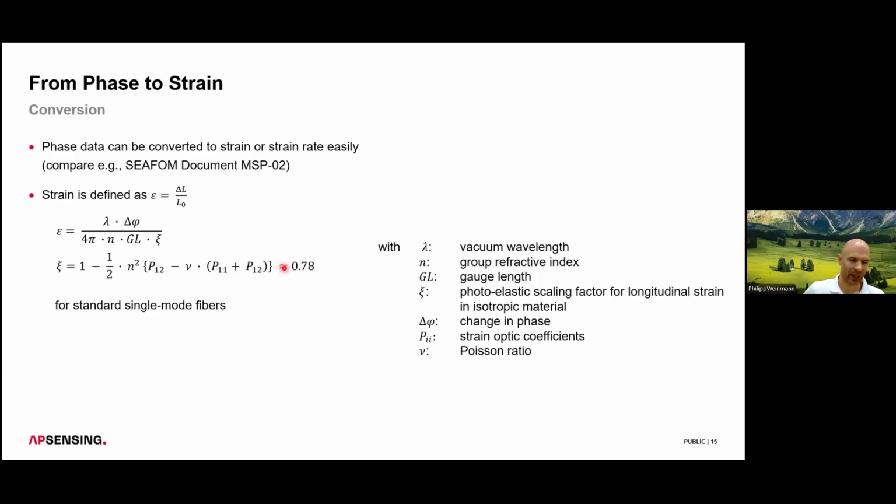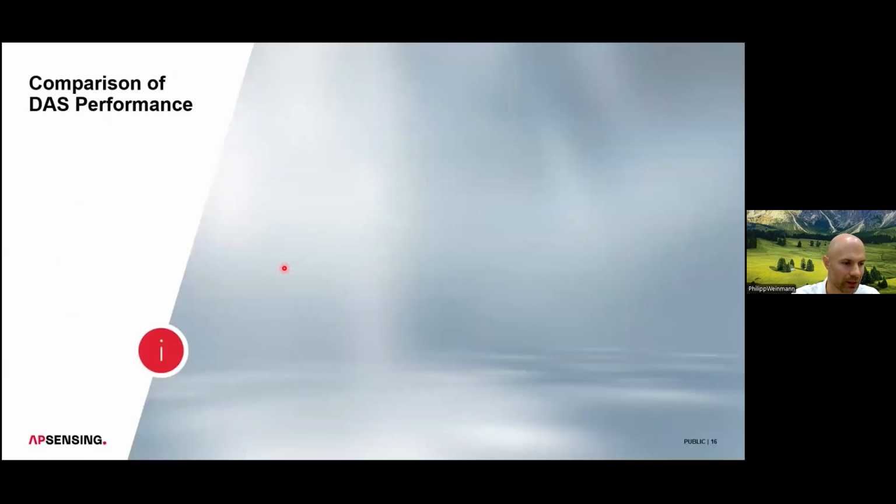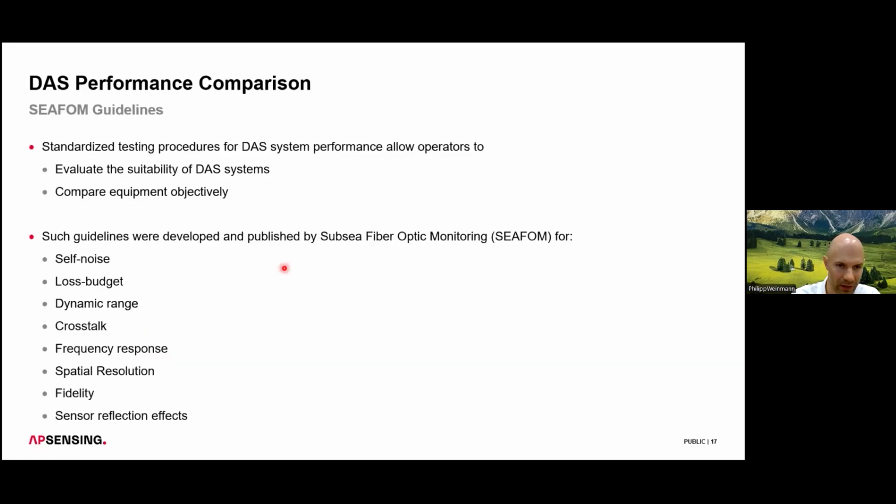Okay, so having spoken about the strain and about SEAFOM, I would like to come to how one can compare the DAS performance of different vendors. If you want to compare the DAS performance from different vendors, it makes sense that you have a standardized procedure for testing DAS systems, because this will allow you to compare the equipment by numbers and to evaluate whether this DAS system is more suitable for your needs or maybe another one.